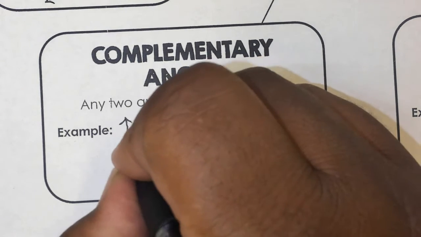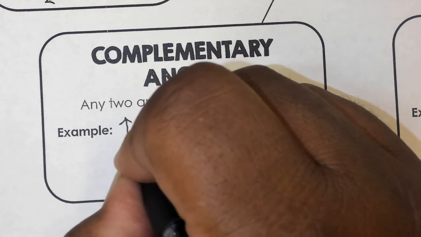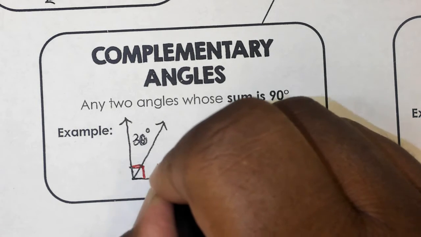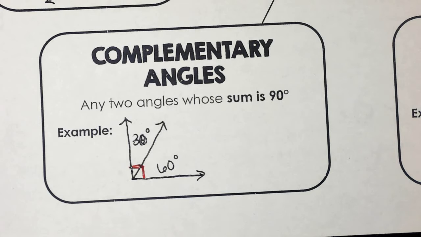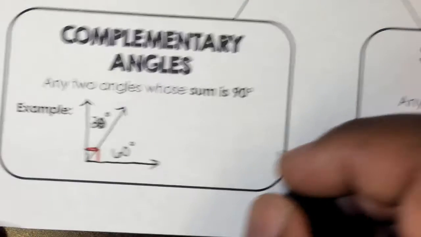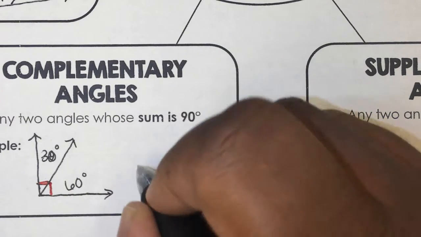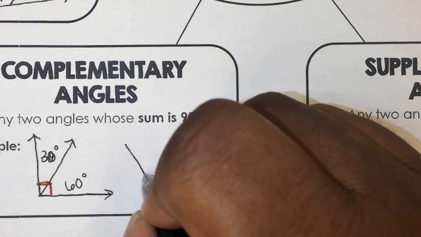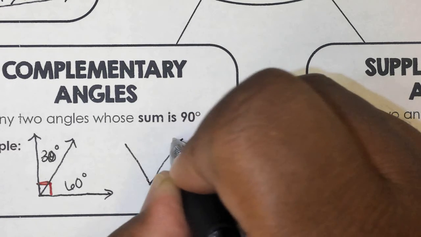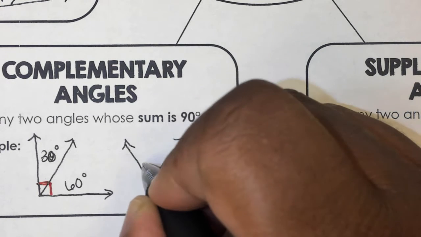And say one of them is 30 degrees, the other one is 60. These would be complementary angles. But they don't necessarily have to be together to be considered complementary. These two angles could be separated. As long as the two angles that you're comparing add up to 90, then you're good.